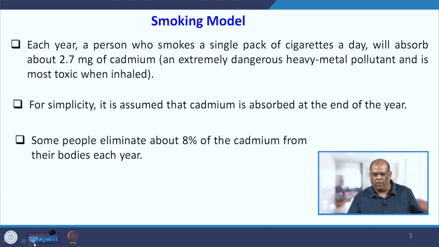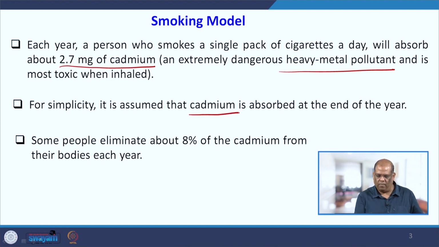Some information: each year, a person who smokes a single pack of cigarettes a day will absorb about 2.7 milligrams of cadmium, which is an extremely dangerous heavy metal pollutant and very toxic as you inhale the cigarette. For simplicity in the model, we assume that this cadmium is absorbed at the end of the year, and the elimination of cadmium is at the rate of 8%.